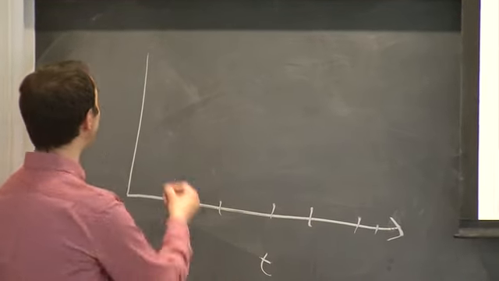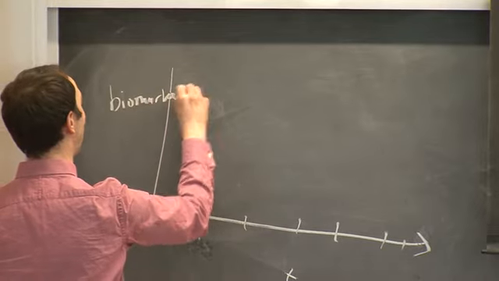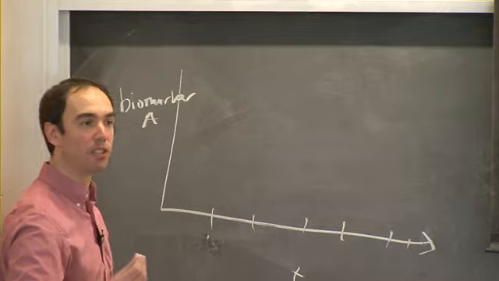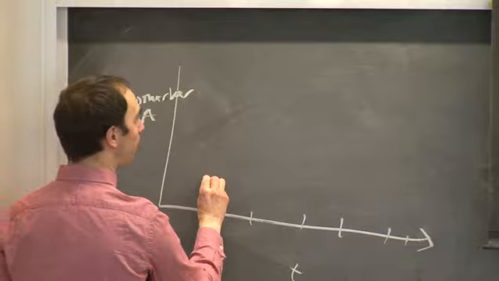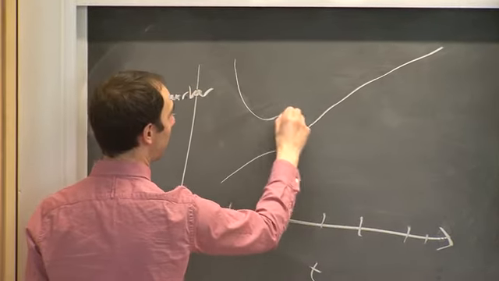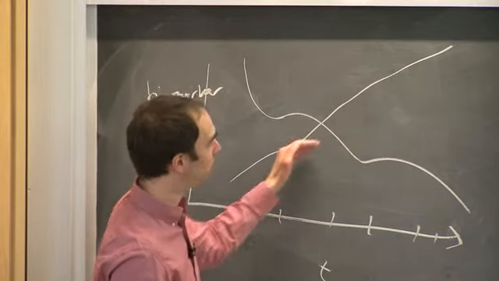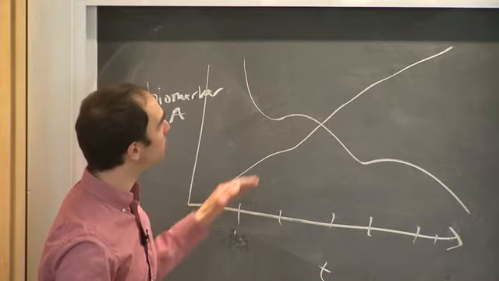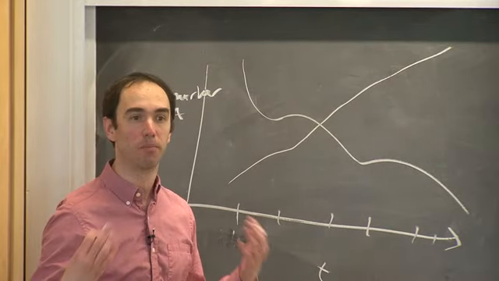You might imagine that for a single biomarker A, the function which tells you what the biomarker's value is as a function of time might be something like this, right? Or maybe it's something like that, okay? So it might be a function that's increasing or a function that's decreasing. And this function is precisely what this mu, this Gaussian process, is meant to model.